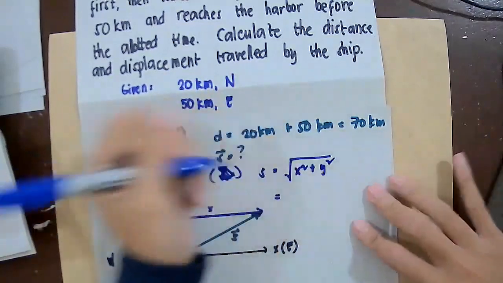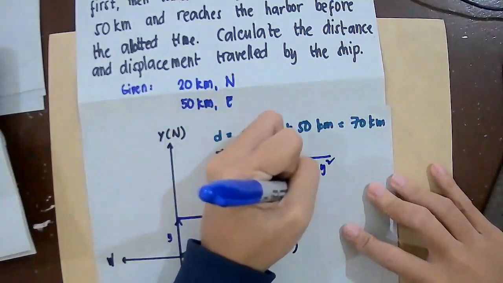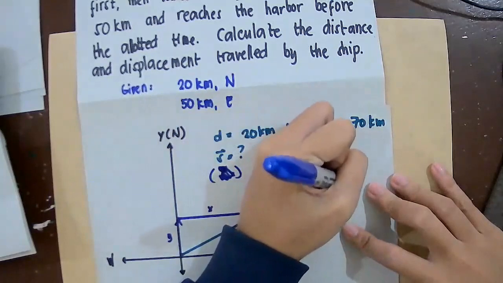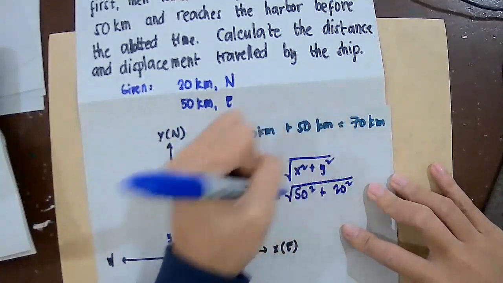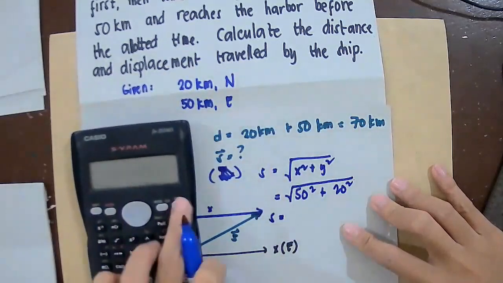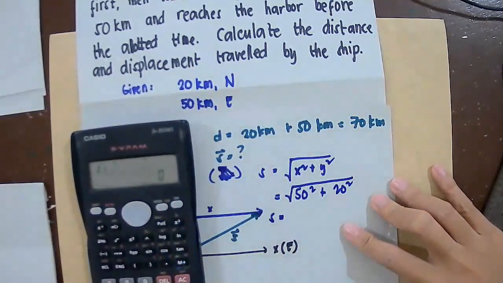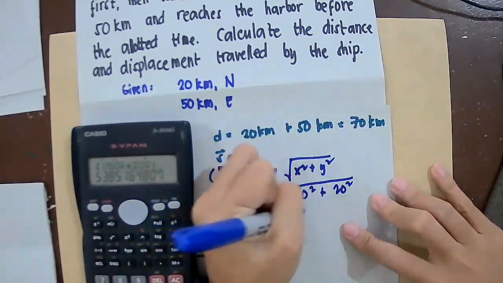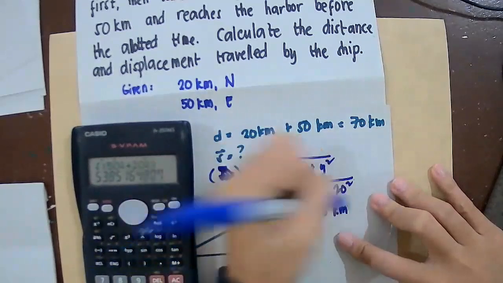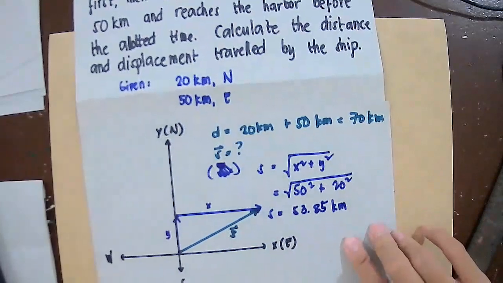Okay, your x here is 50 km, plus 20 squared. So let's have here square root of 50 squared plus 20 squared. You have 53.85. So let's write here 53.85 kilometers.